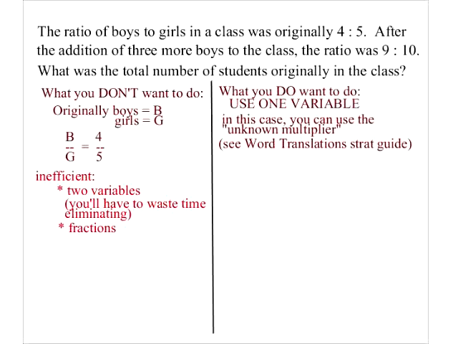But what the unknown multiplier says is when you have a ratio, you can just use a single variable if you multiply that variable by the coefficients of the ratio. So what you can do is you can say originally the boys is 4x and the girls is 5x.